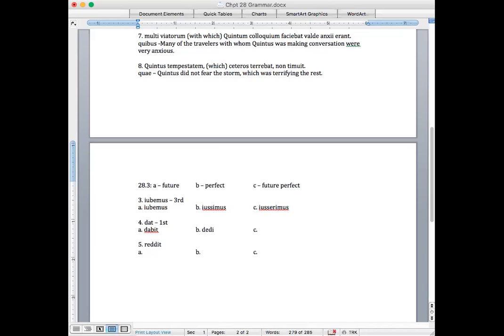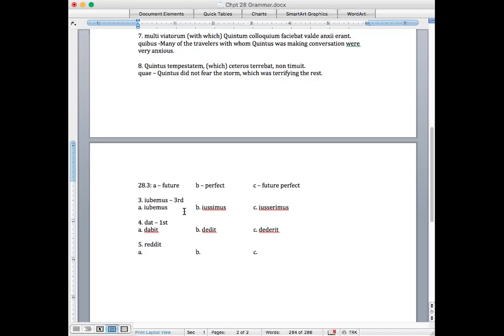So to make it third person singular, I'm going to add that T. And then for future perfect, I'm going to keep the ded. And then I'm going to add erit because that is the third person singular future form of sum. Again, the perfect stem plus your future ending. The future coming from the future of sum.